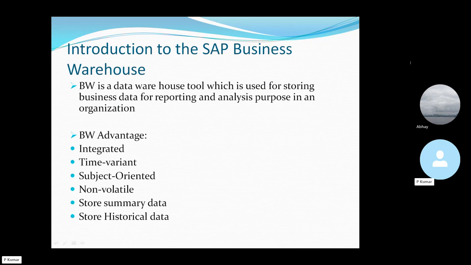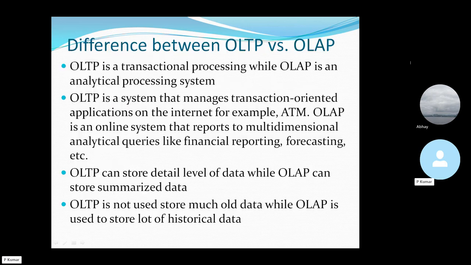Now let's see the basic difference between OLTP and OLAP systems. OLTP means the S/4HANA or ECC system, that is a transactional system. Day-to-day transactions happen in the OLTP system.